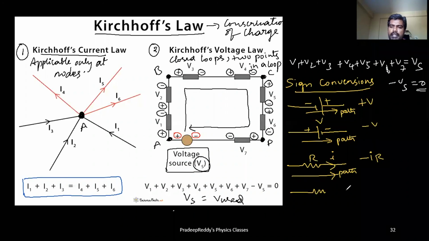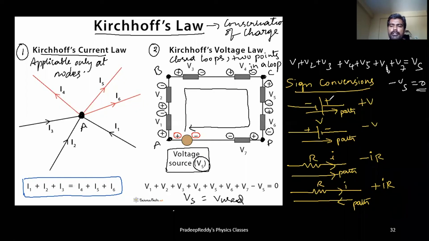Likewise, if there is a resistor here whose current is I, resistance is R, but your path is opposite, if you are going in the opposite direction, then take it as plus IR. Okay, so these are the sign conventions which you need to use when you are using Kirchhoff voltage law.